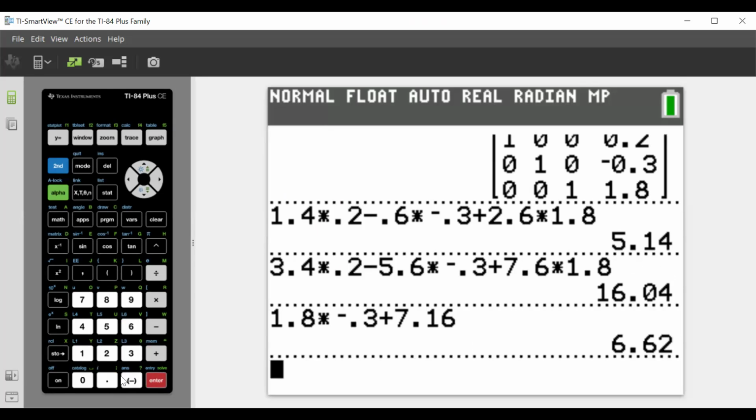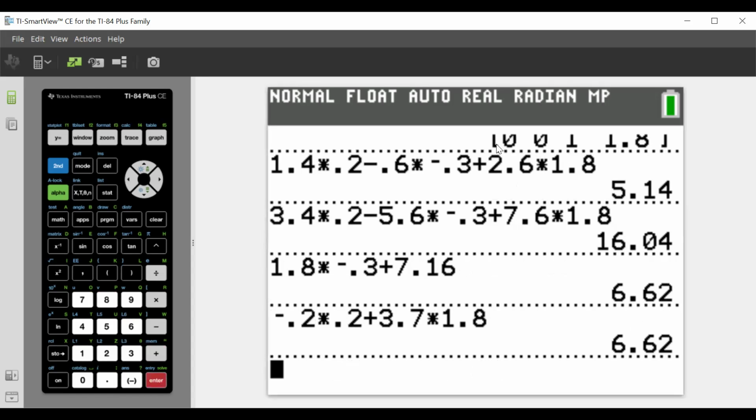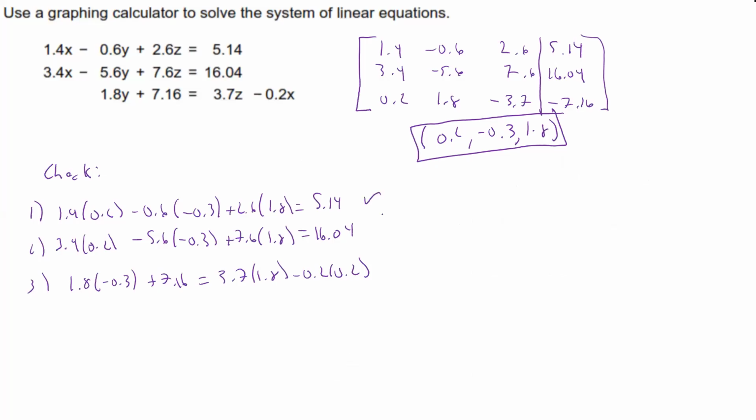And on the other side, we had a negative 0.2 times 0.2, and then we had a plus 3.7 times 1.8, and we get 6.62. So it works on all three cases. So those are the solutions.